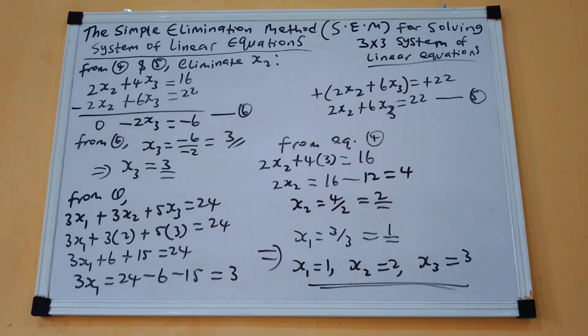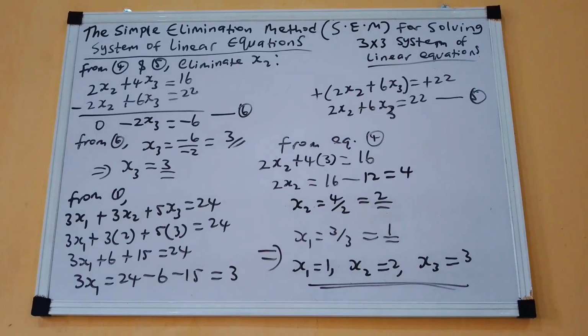So beloved, you can see how we have been able to use the simple elimination method to resolve this same problem, and we arrive at the same answer. x1 is equal to 1, x2 is equal to 2, and x3 is equal to 3, making this system of linear equations unique.